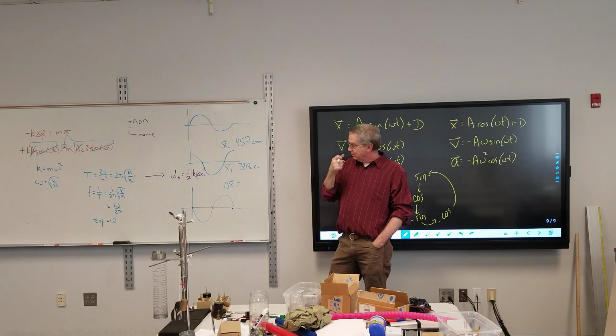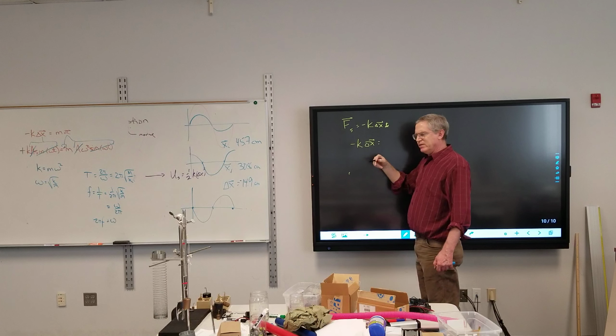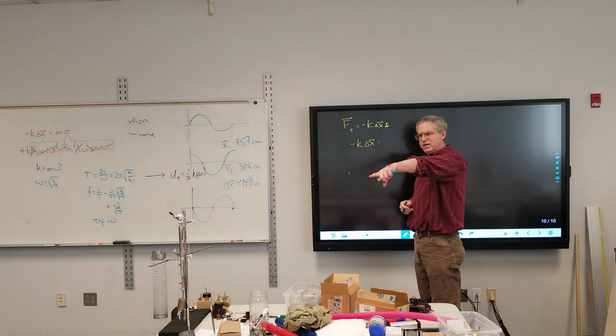I know that the spring force is equal to negative k delta x. So I have negative k delta x equals, well, in this case, if it's just hanging there in equilibrium, what's the force downwards?